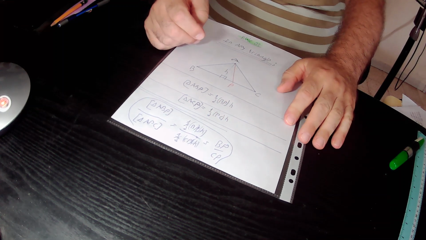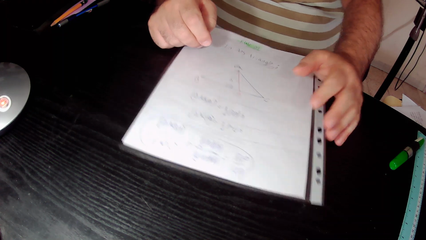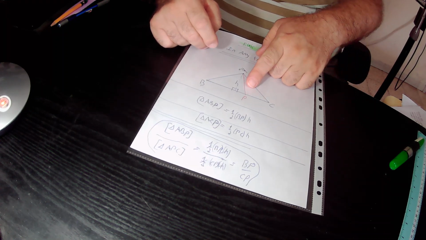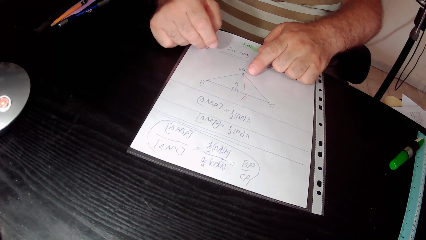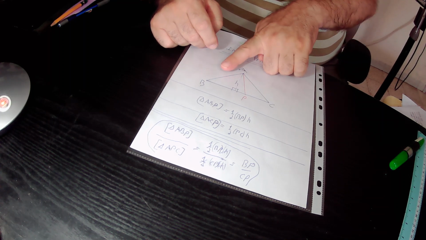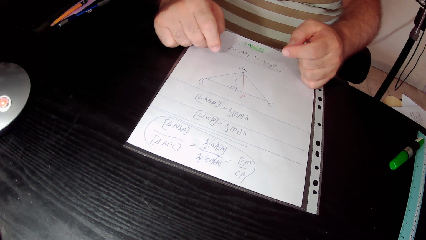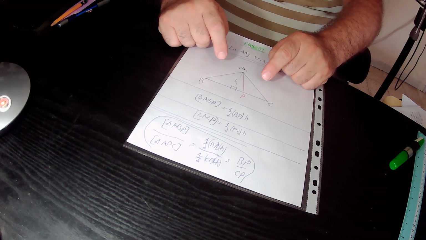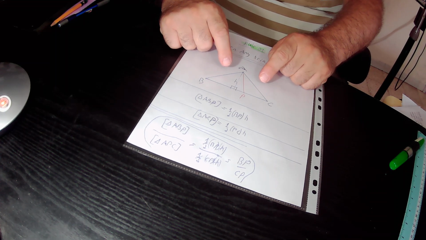So in total we find out that whenever you draw a straight line in triangle ABC, that could be any triangle, a straight line AP on BC, you will divide the triangle ABC into 2 smaller triangles.